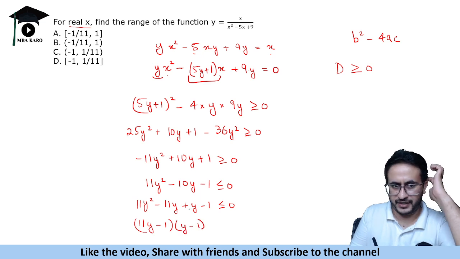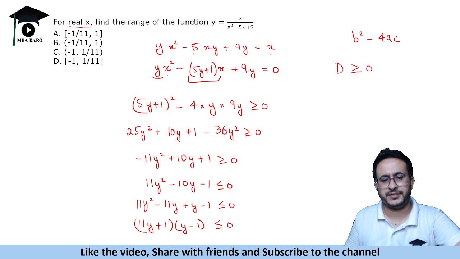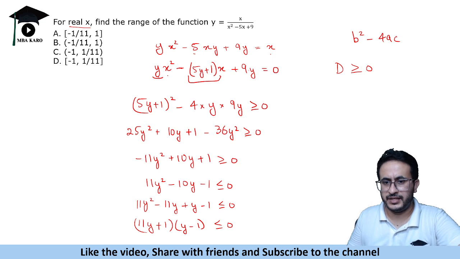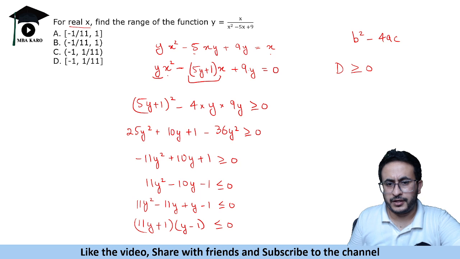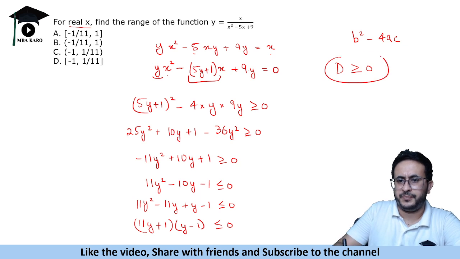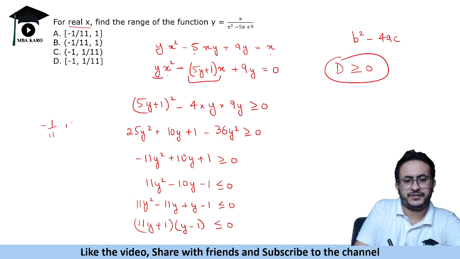Just check it: 11y plus 1, and y minus 1 is common. This is less than or equal to 0, right? So we get that D should be greater than or equal to 0. Now what are the solutions? Minus 1 by 11 and 1, right?